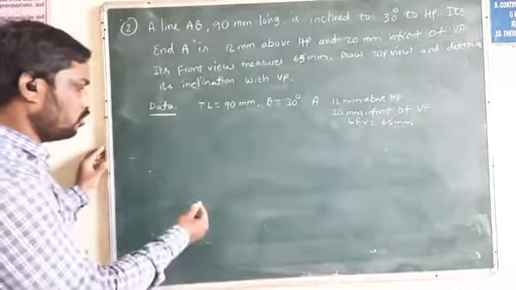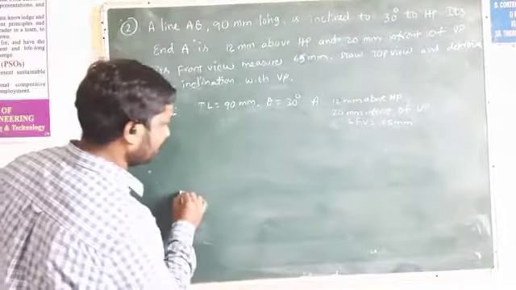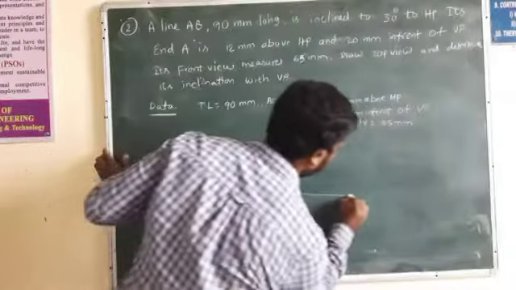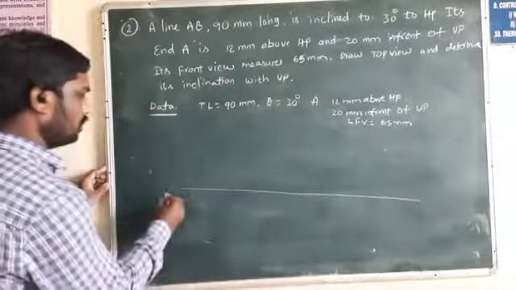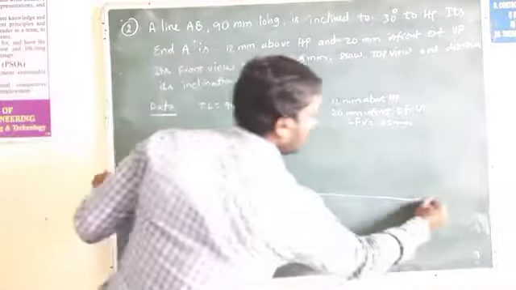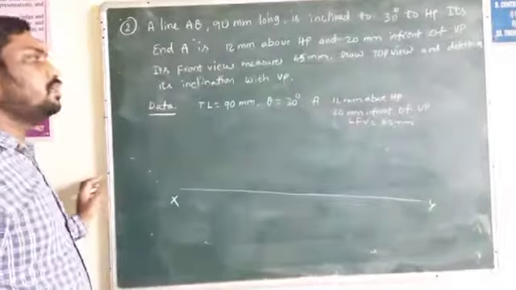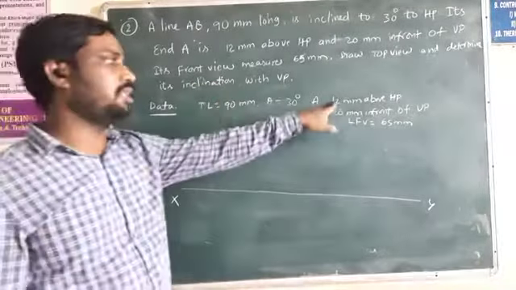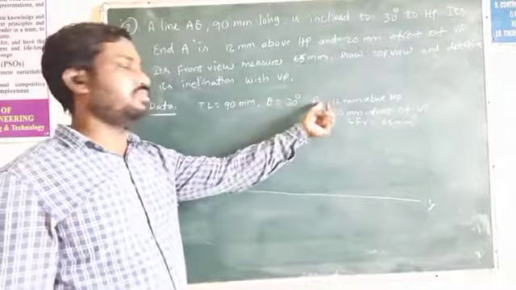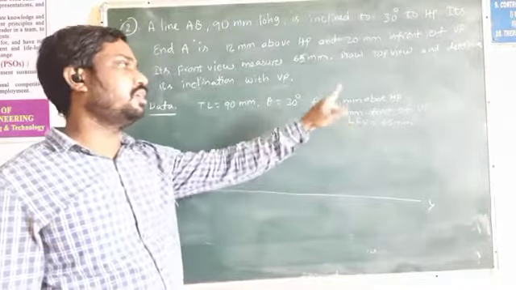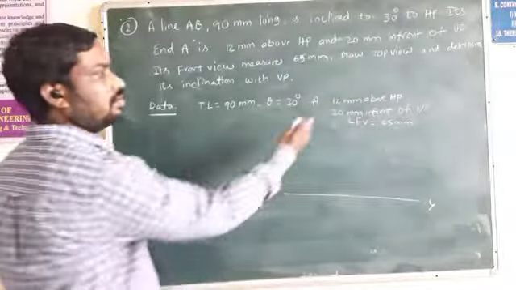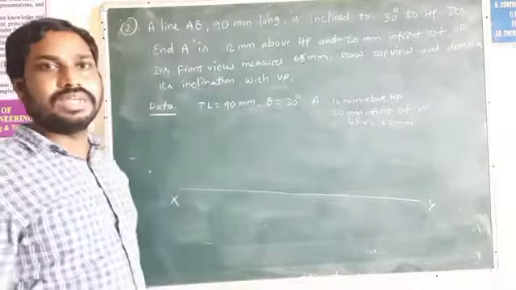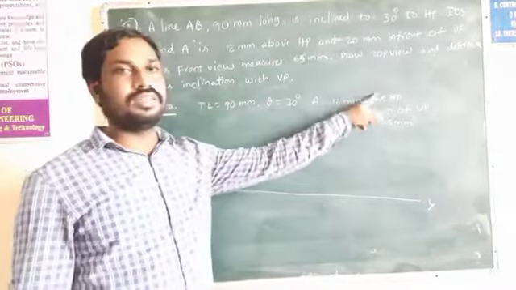Now how will we draw this? Draw the XY line first. So this is XY. You always have to start with the point, first the point A. How much is given? 12 mm above HP and 20 mm in front of HP, which means the first quadrant.